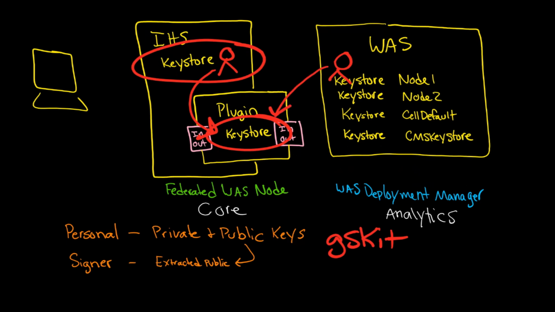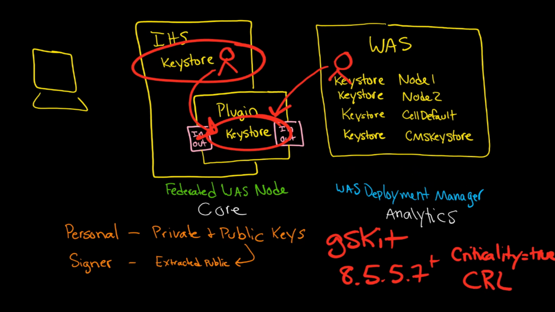You also have to make sure in the newer versions of WAS 8.5.5.7 and higher that the criticality setting is set to true for the certificate revocation list because of a change in the underlying GSKit code. So if your certificates say something about criticality equals false, then you're going to have another GSKit error message, probably one that refers to the certificate being invalid.